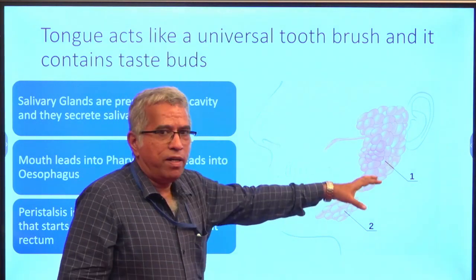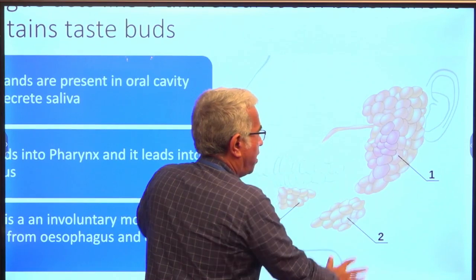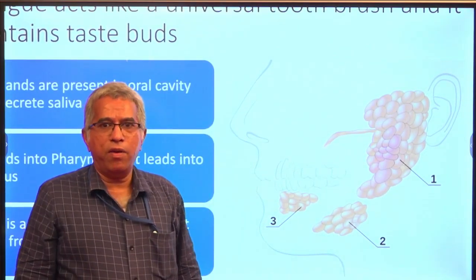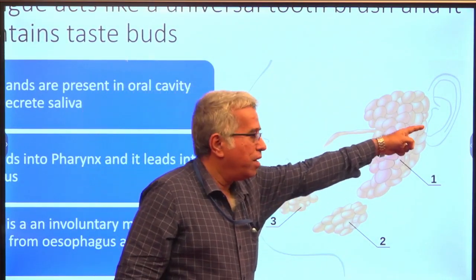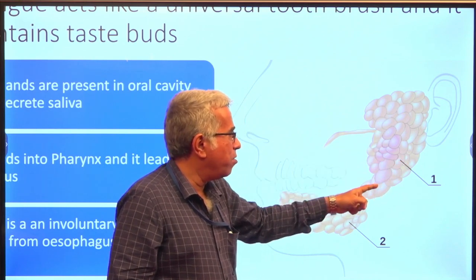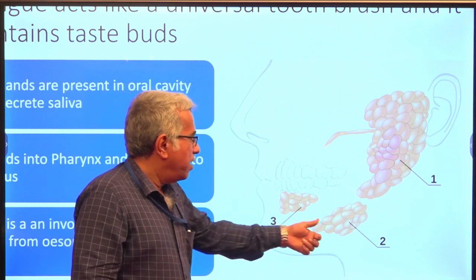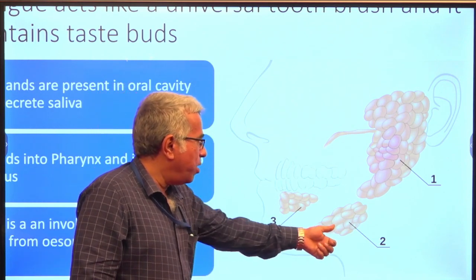Here you can find the salivary glands. There are 3 pairs of salivary glands in the human being. Here below the earlobe, we are seeing one salivary gland. This is called the parotid gland. Like that, this is submaxillary and sublingual.